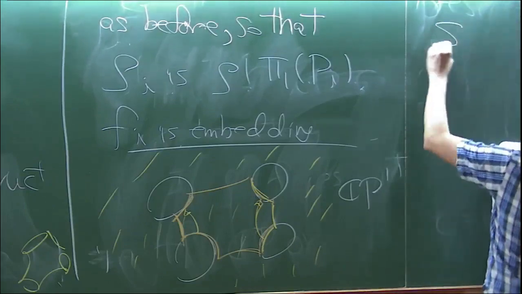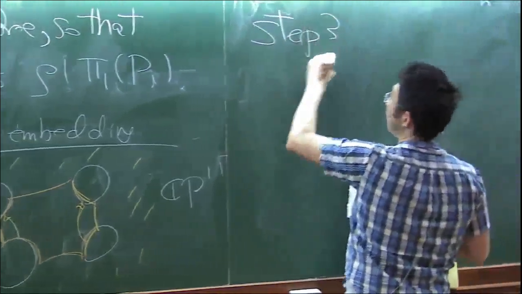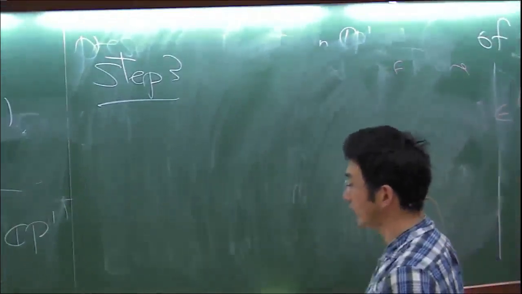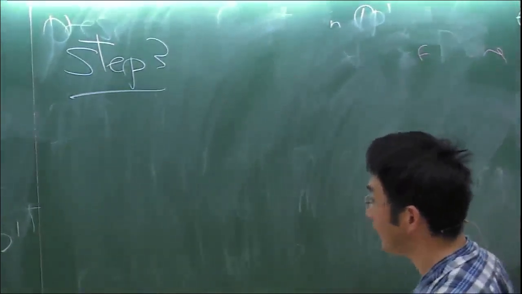And then step 3, we construct a CP1 structure on the subsurfaces respecting the original holonomy.